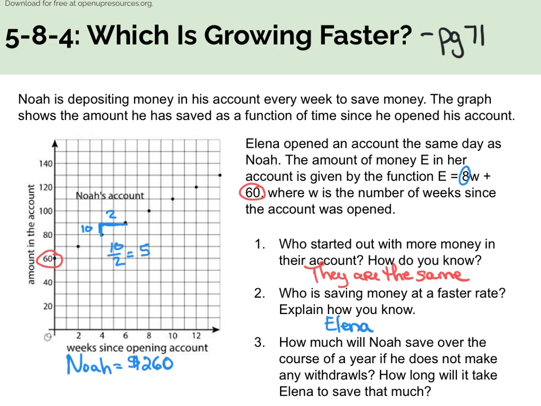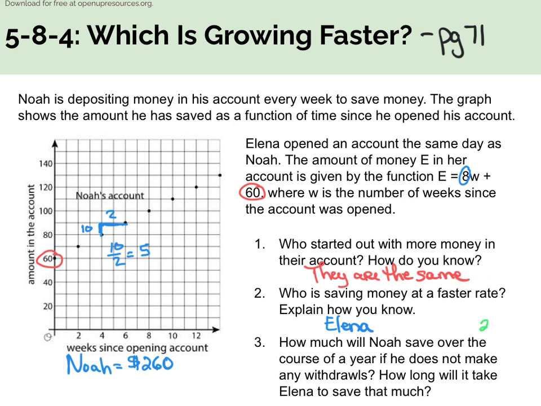Let's figure out how long it will take Elena to save the same amount. We're going to have to go up to 260. And remember, we're going to take that 260 and divide it by how much she saves per week, which is 8.